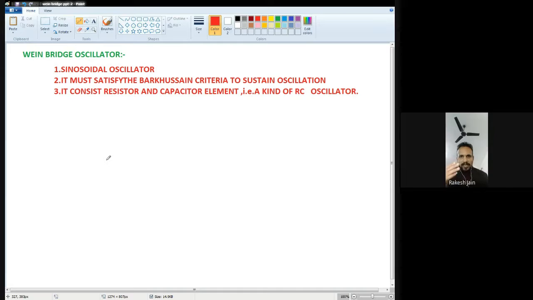The amplification section may be a transistor or any amplification device. Here, I will teach you with the help of an operational amplifier used for the amplification section. And the feedback network in case of Wein bridge is a resistance and capacitance network. So it is a bridge kind of structure. That's why it is named Wein bridge.